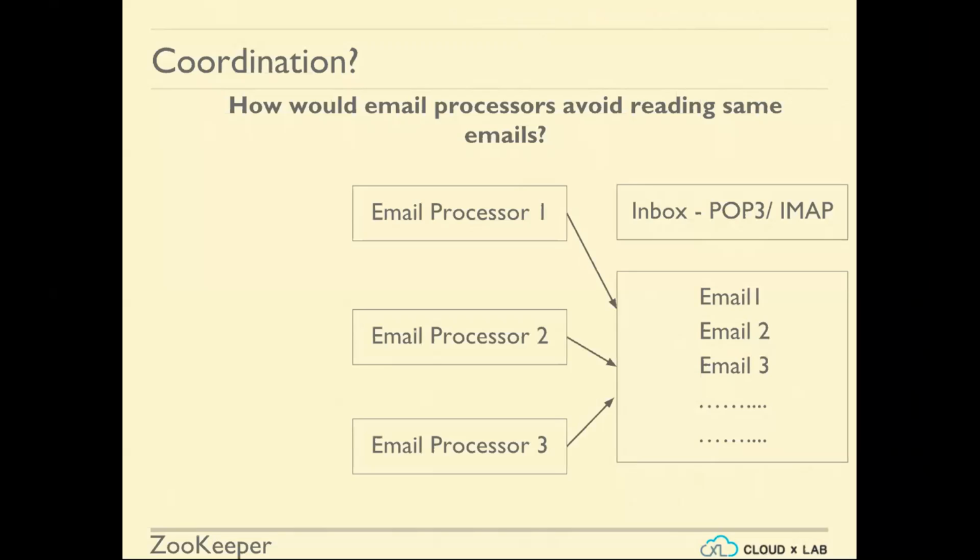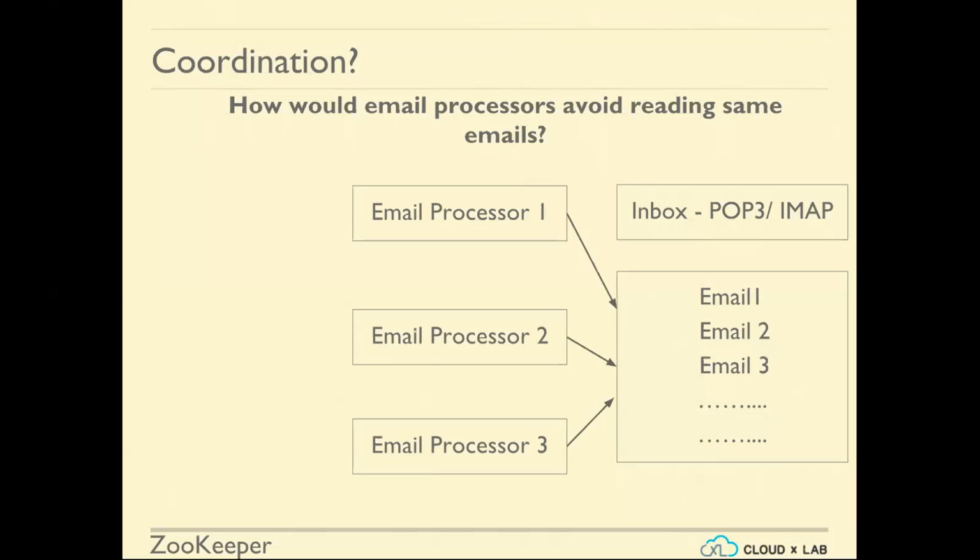So there were multiple email processors, the same program running on the first machine, second machine, third machine, and all we were trying to do is process these emails. Now there are two problems here. One, email processors 1, 2, and 3 will all compete for the same set of emails.